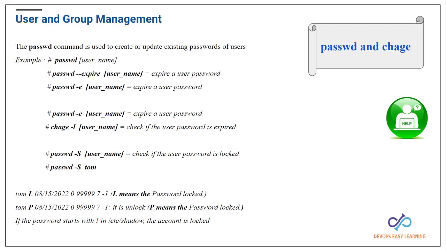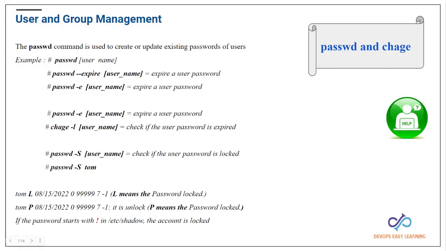And that is what we are going to see here. How can you expire? You can use passwd -e to expire. And if you want to check the status of the account, you can use the chage command, or chage -l, and you will be able to see whether the user will be prompted to reset his password or not.